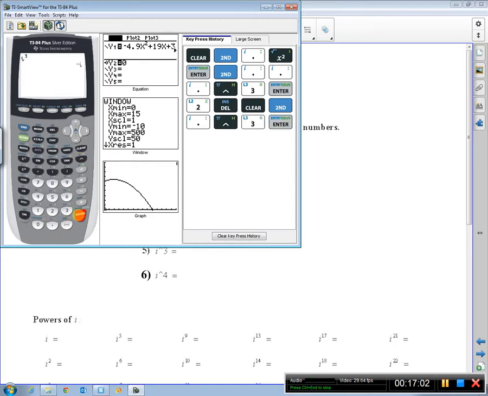Much better. It's negative i. Interesting. Let's try i to the fourth. Second, decimal, to the fourth power. 1.